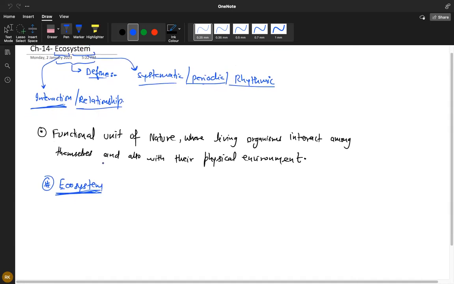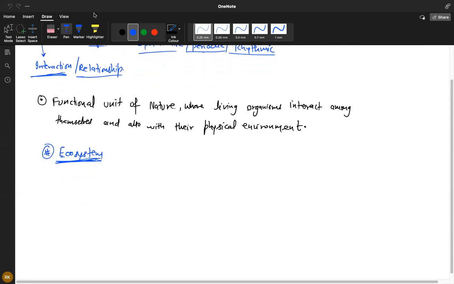Now, coming to defining ecosystem. Broadly, we will divide it into two categories: terrestrial and aquatic. Because classification always makes studying easier, right? So terrestrial and aquatic.